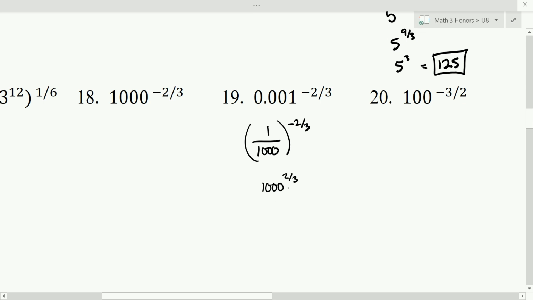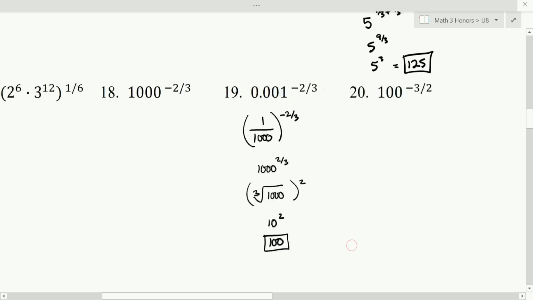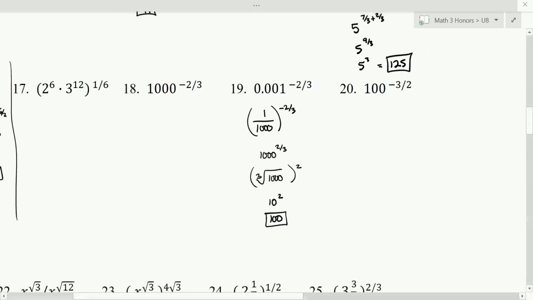And then that's our cube root of 1,000 squared. 1,000 is 10 times 10 times 10. So the cube root of 1,000 is 10. And 10 squared is 100. So if you have a decimal, change it to a fraction.